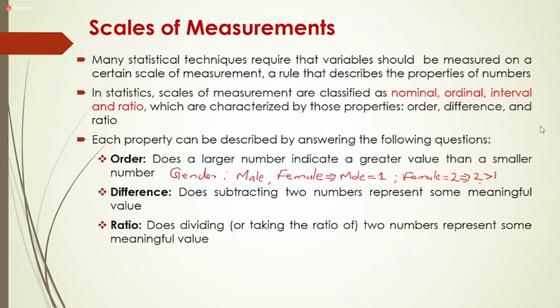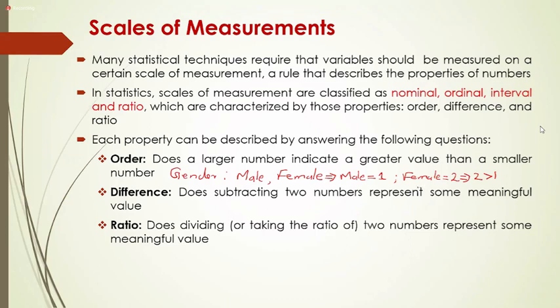Any student? Again, we want to measure gender. The measurements for the gender are male and female. Now we are converting this male and female by taking numerical numbers. Male we assigned as 1 and female we assigned as 2.